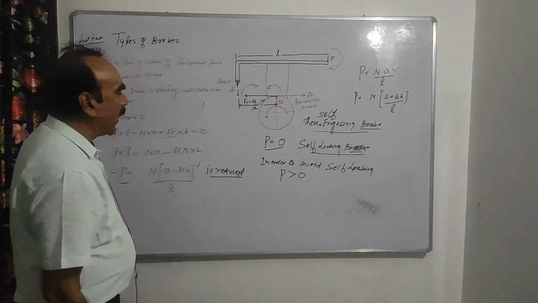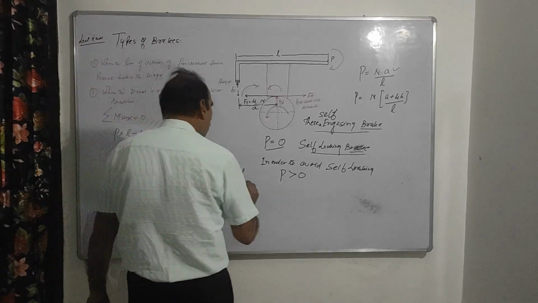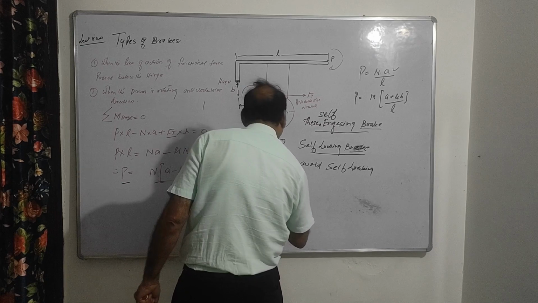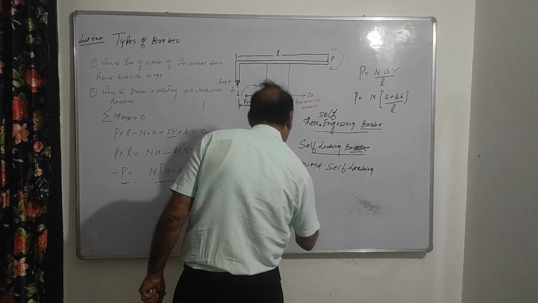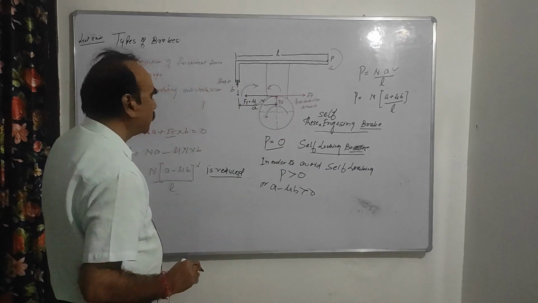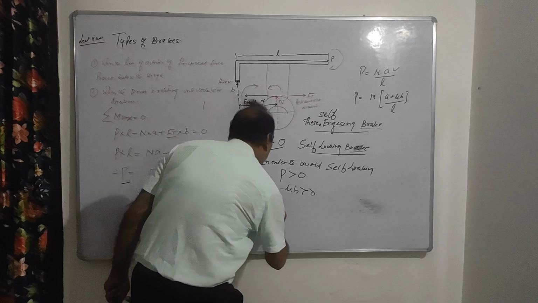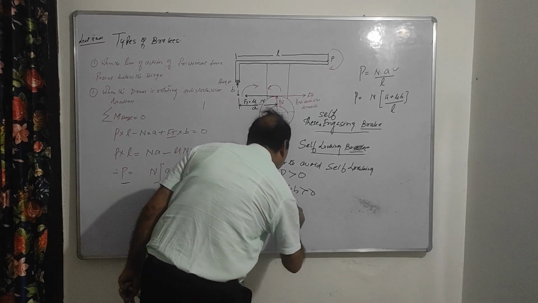So in order to avoid self-locking, P should be greater than 0, or you can say A minus mu V should be greater than 0, or A should be greater than mu V.